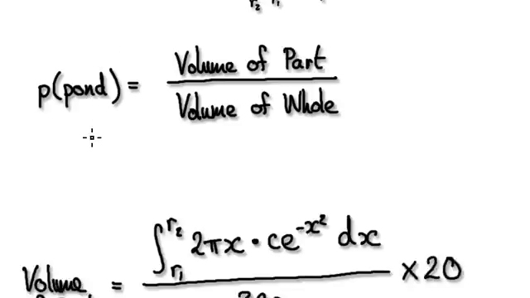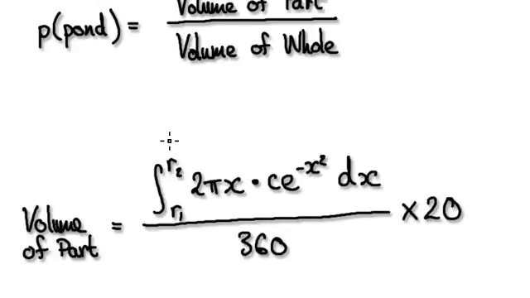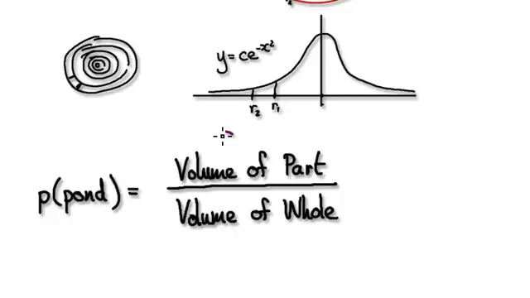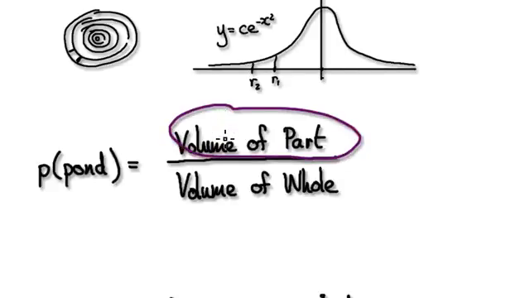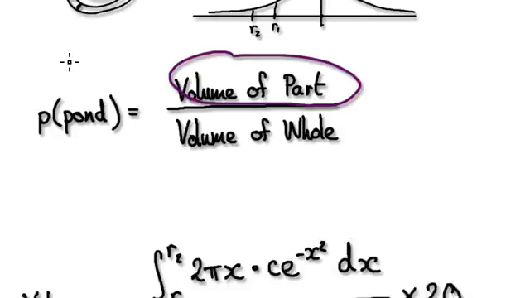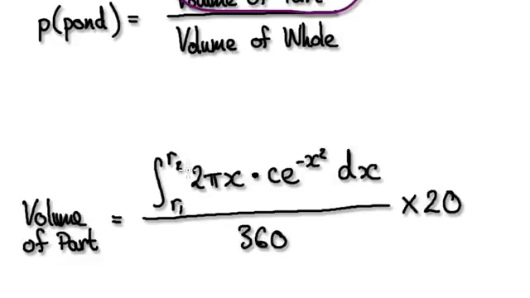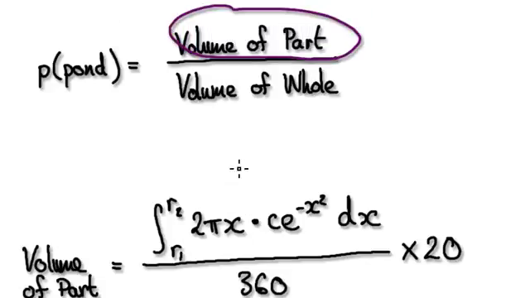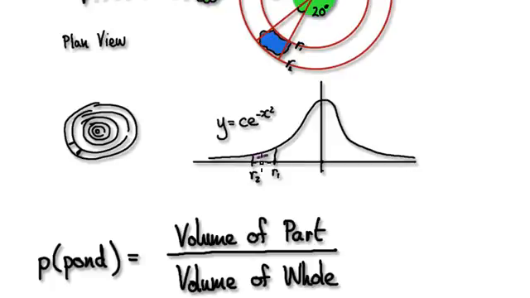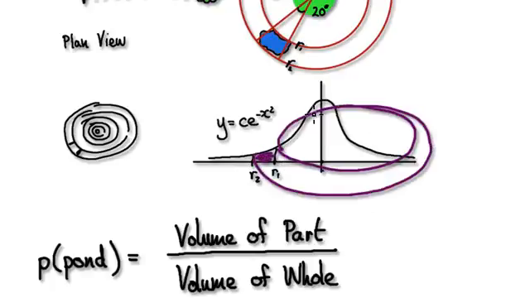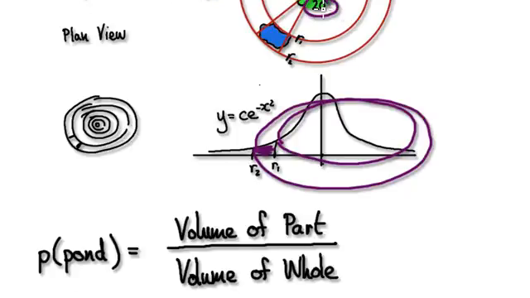So let's concentrate on working out the volume of the part. Remember, the volume of the part is really the volume of the pond. Let me go back one step. The volume of the part is you looking at this, revolving it 360, and later on we're going to take the 20 degrees into account.